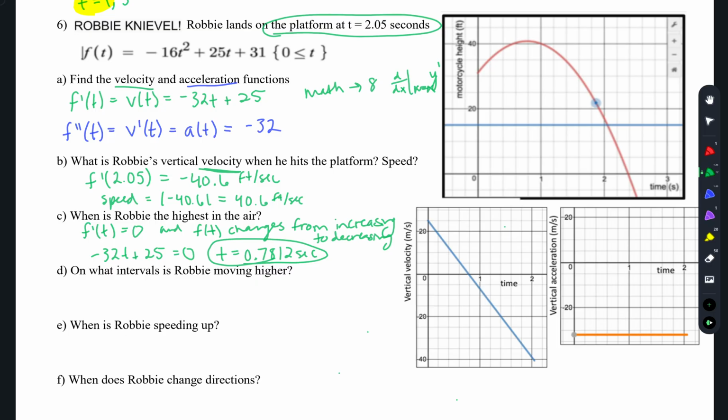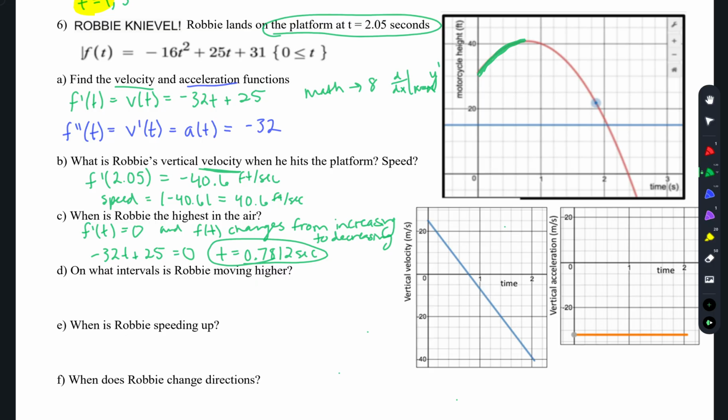Okay, when he's moving higher, if you're looking at that with the graph, that's obviously right here. The way you can think about which one you're going to use is that the higher part is like a position, and the fact that he's moving means you're going to be looking at a derivative. So the moving part means derivative, and being high in the air means a position.